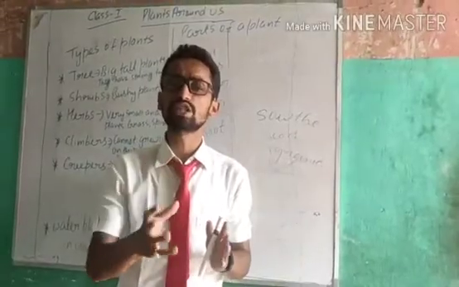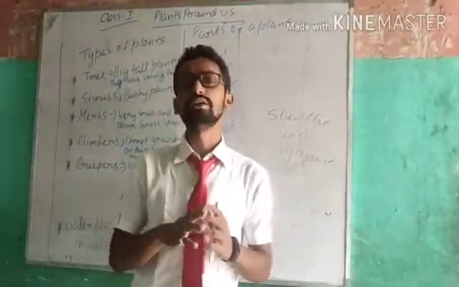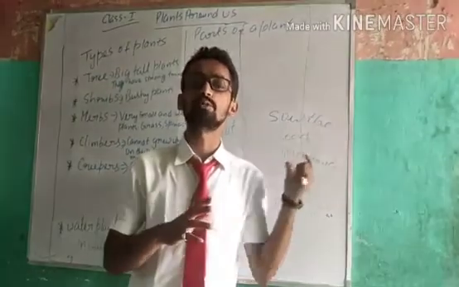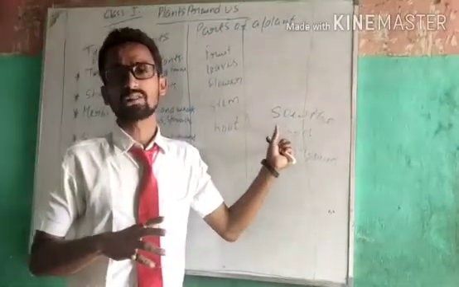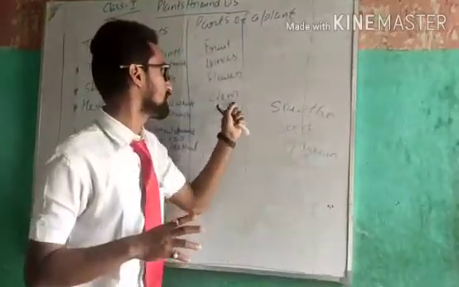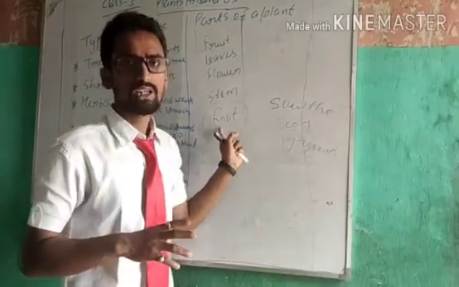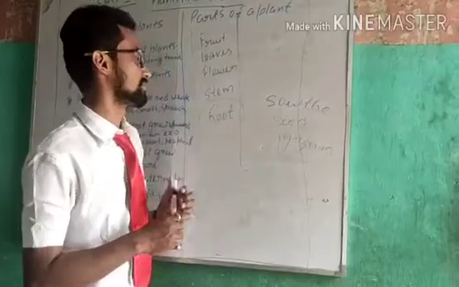Water is a very essential component for the plant, and it is absorbed by the root because it plays a vital role in the process of transportation. So we can say that water is a very essential nutrient which is absorbed by the root.